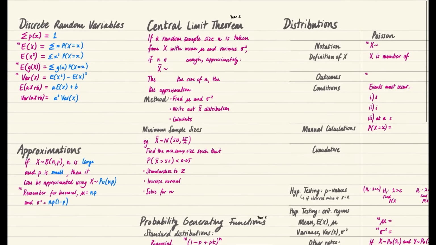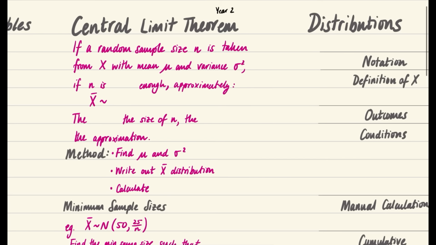Now I'm going to jump over to some year 2 stuff, so you can always skip through this if you're only doing year 1. We're talking about the central limit theorem. If we have a random sample of size n taken from x with mean mu and variance sigma squared, if n is large enough, then approximately x bar is distributed with a normal distribution with a mean of mu and a variance of sigma squared over n.